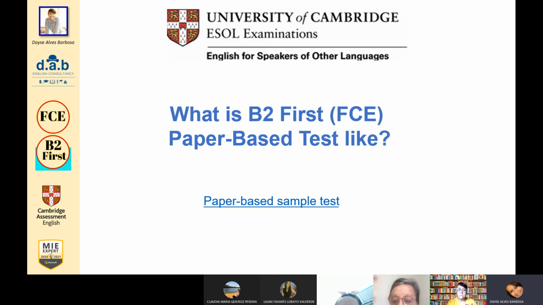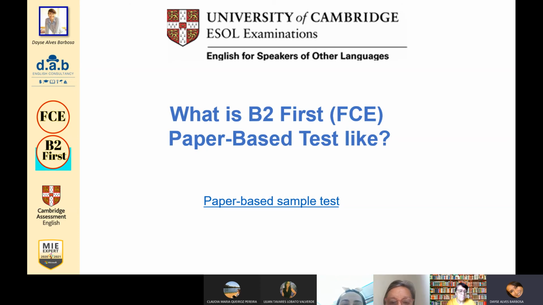And they have the paper-based test where you go, you register, you go to the test center, you register there, and you receive the material with the information. The FCE test is done on two different dates. Not necessarily, I said something wrong, but usually it is done on two different dates.